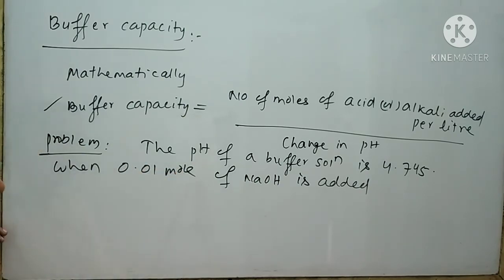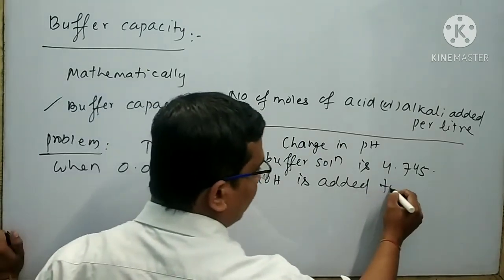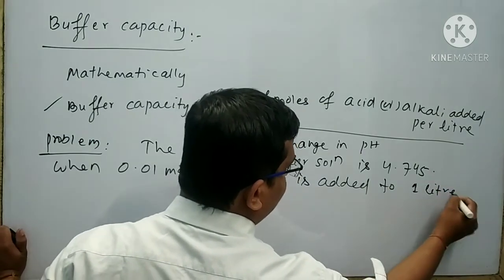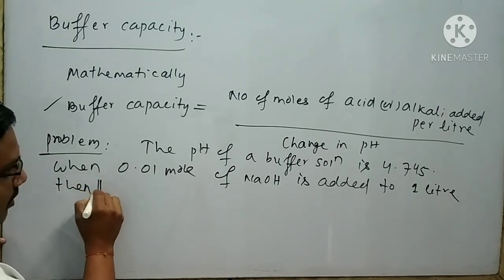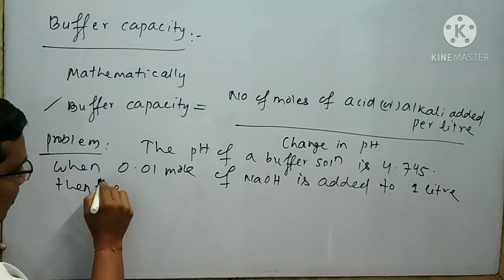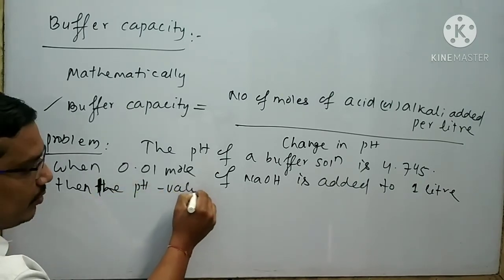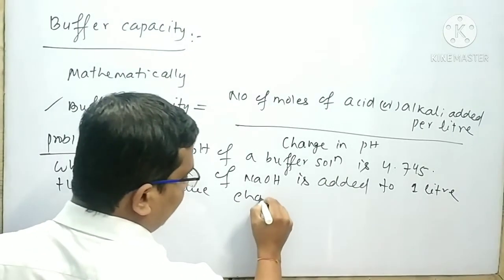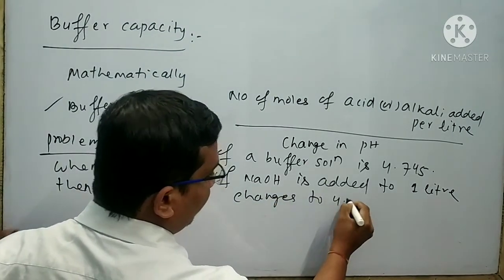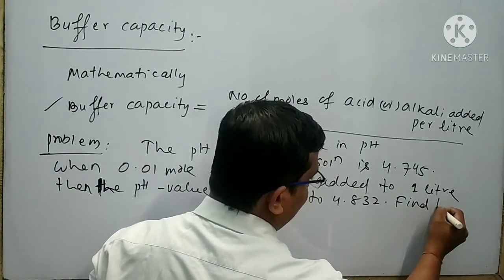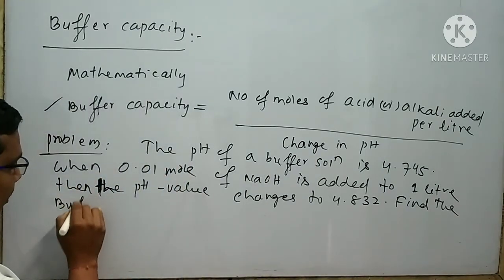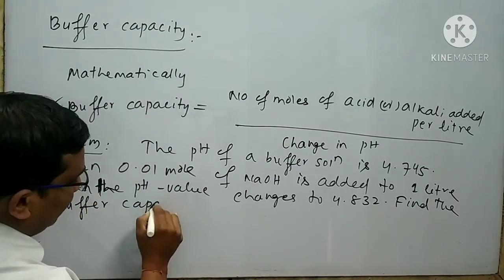The pH of a buffer solution is 4.745. When 0.01 mole of sodium hydroxide is added to 1 liter, then the pH value changes to 4.832. Then find the buffer capacity.